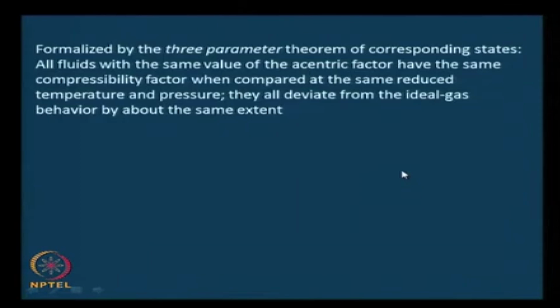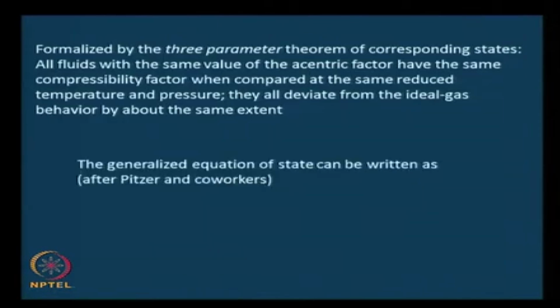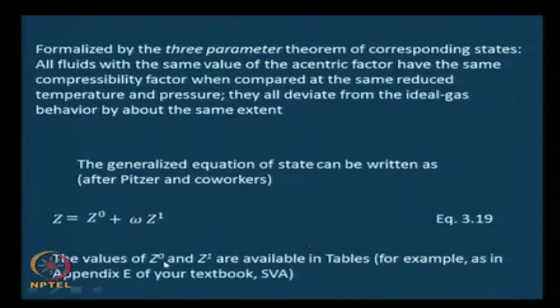This was applicable to a wide variety of gases, and the kind of equation of state that can be written as a consequence of the 3-parameter theorem is Z equals Z0 plus omega times Z1, and it so happens that the values of Z0 and Z1 are available in tables. In fact, that is the reason why we use this form as written here, because the values are available to us.